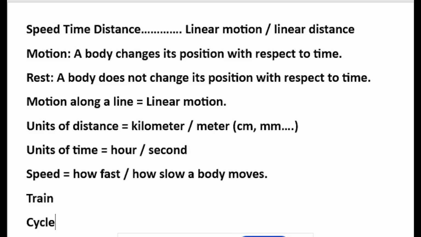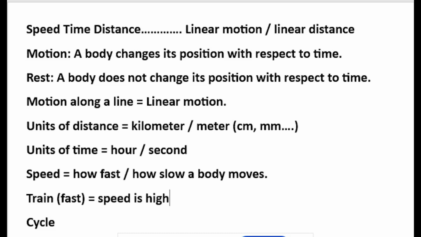That is bicycle. So, when you say train moves fast, what does it mean? It means speed is great or high.